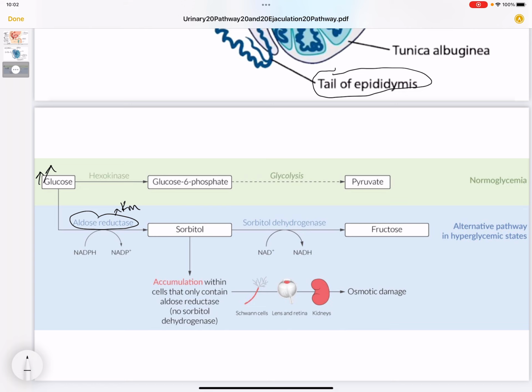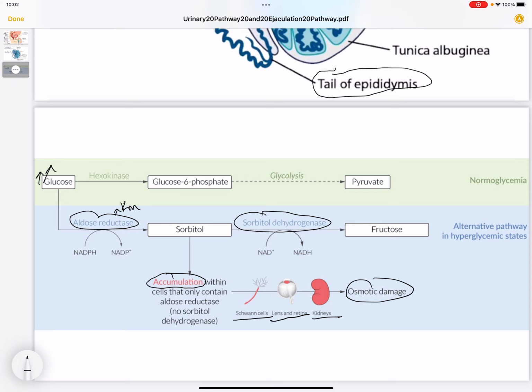So in diabetics, sorbitol can accumulate within cells that don't have sorbitol dehydrogenase, cells or organs like kidneys, lens and retina, Schwann cells, and it can cause damage to these regions through osmotic damage. Because sorbitol is an osmotic agent, it draws fluid, and that can cause osmotic damage.